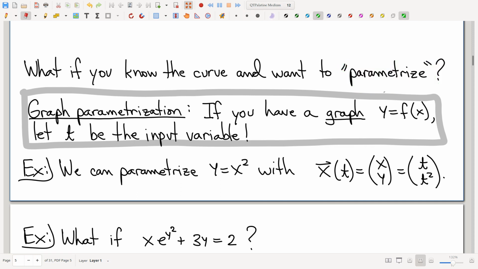How do we parameterize curves? There are, again, tools for your toolbox. There's no single method. There's kind of a bunch of them. I'm going to start with my favorite. This is my desert island curve parameterization technique, and it's called the graph parameterization. The big condition on this method is that your curve must be a graph.